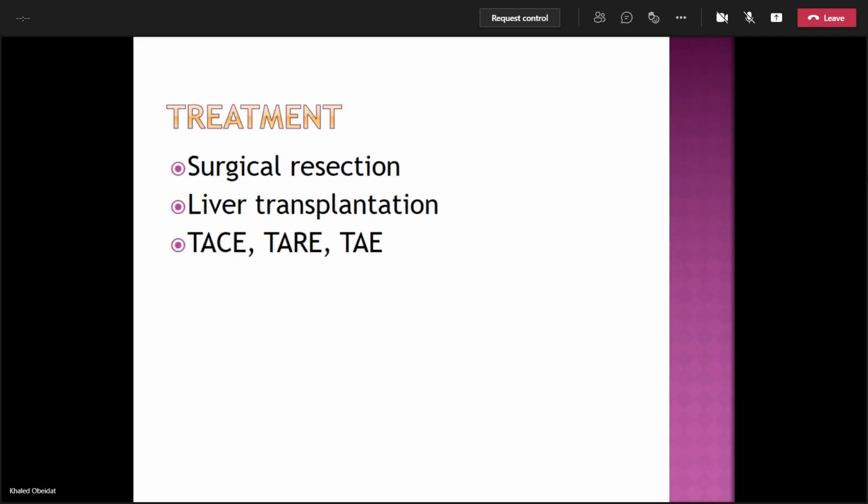Why do we have these strict rules? Because of the shortage of organs. If we transplant someone with advanced HCC and give him a liver which is precious and scarce, he may have recurrence after 1 year, and we are wasting the liver. If we had enough organs, maybe we would have the luxury to offer him a liver even with advanced disease.